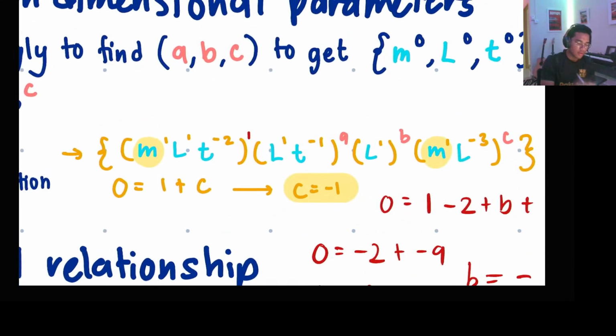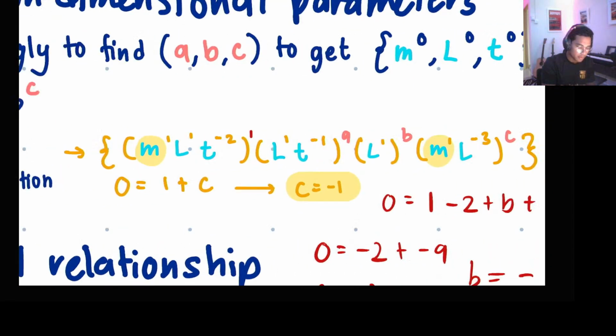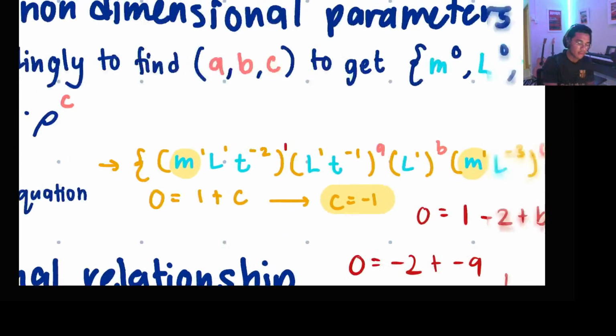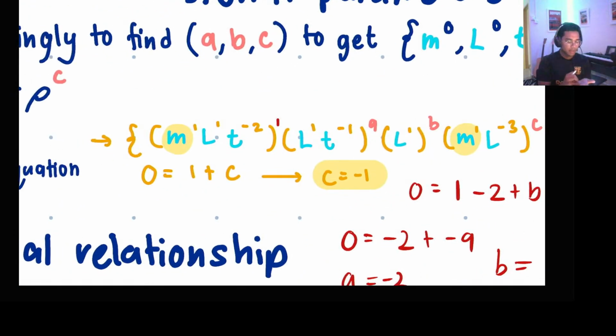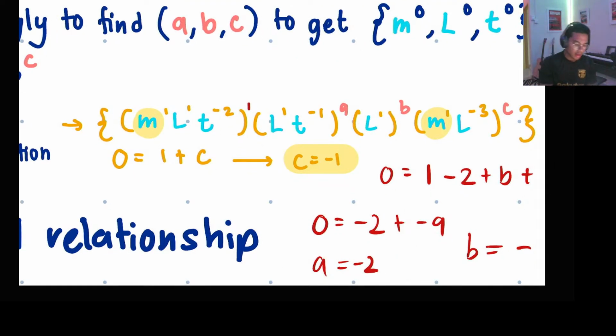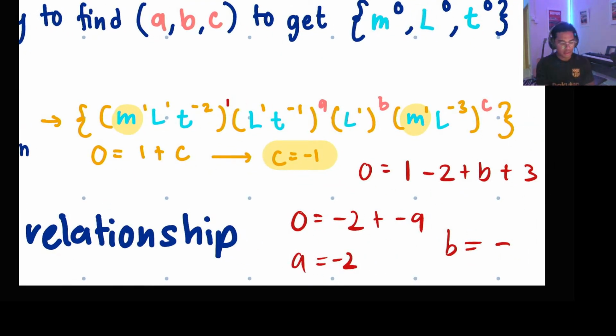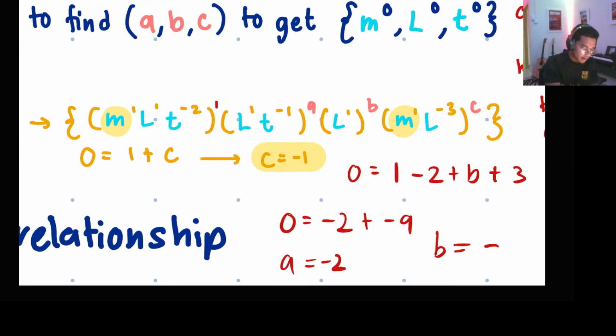So the M from the force needs to multiply with the M from the density, which is M power of c. So 0 equals 1 plus c, because M power of 0 is equal to M times M power of c. Okay, that is a basic exponent equation. So you just solve that and find c.